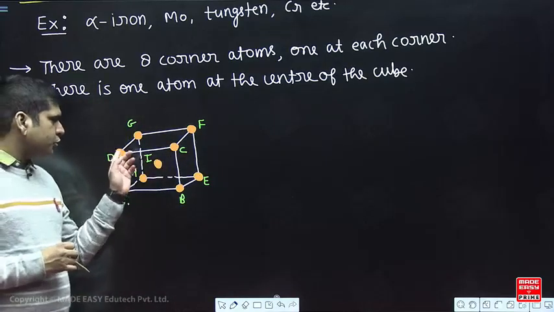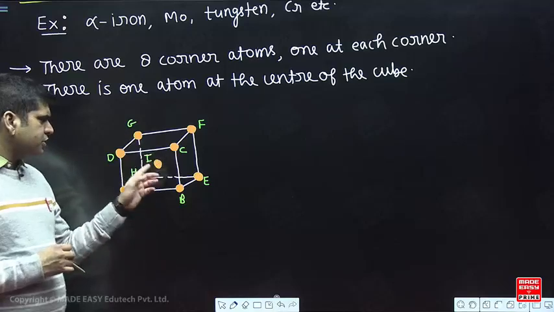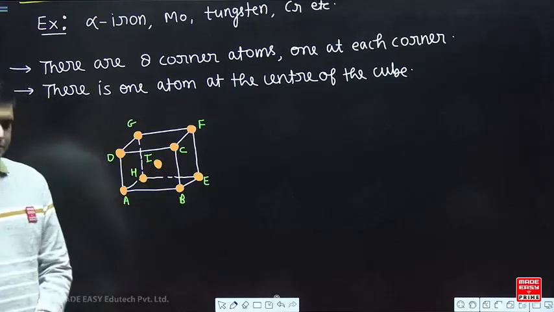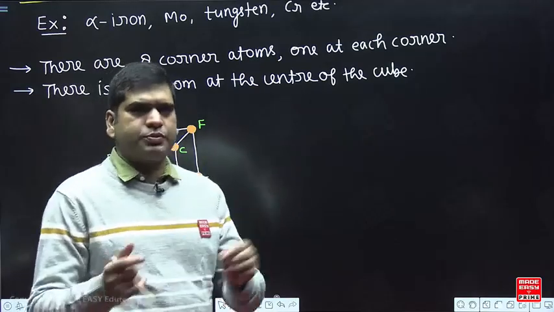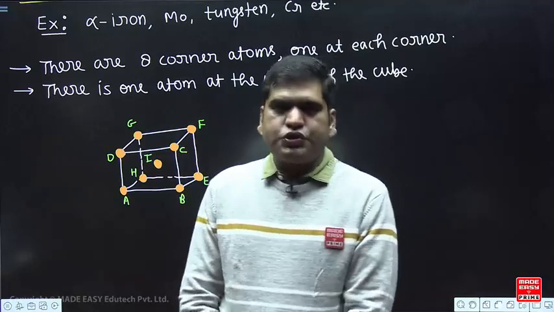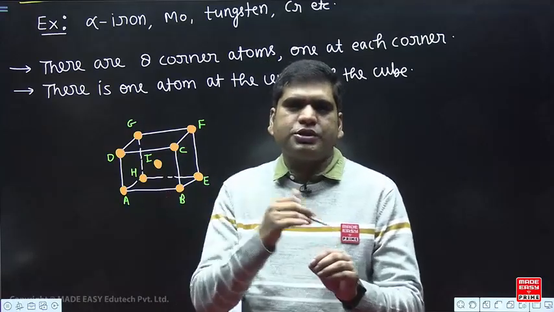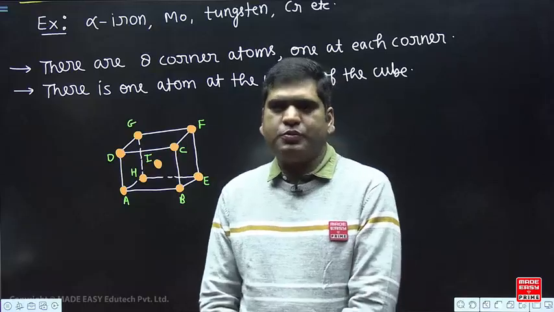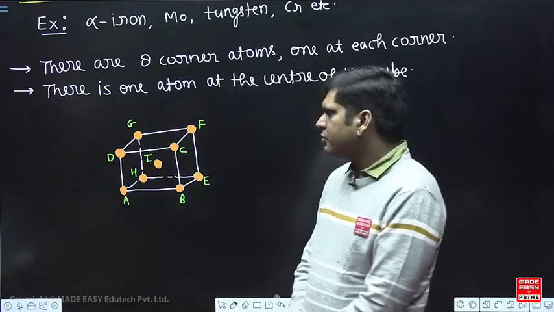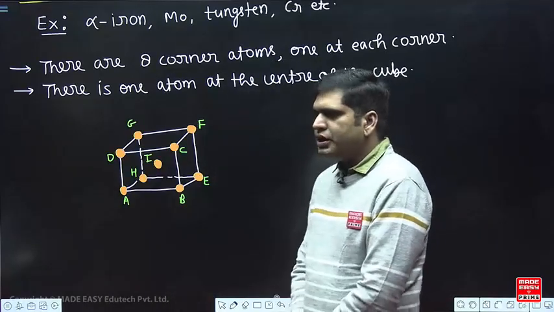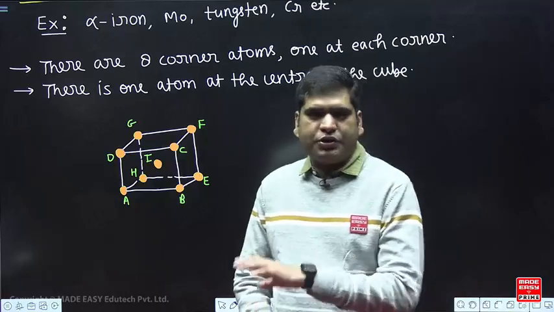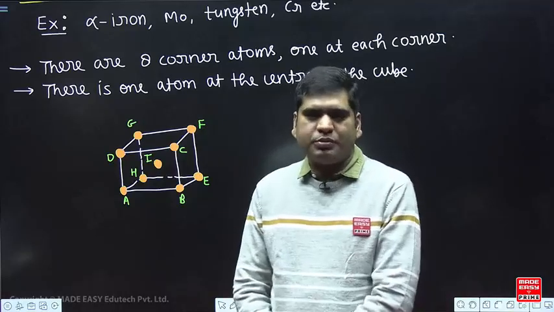The center point should be at equal distance from each corner. Center means obviously the point which is at equal distance from each corner. So if you consider the center atom as the reference atom, then there are 8 neighbors, the 8 corner atoms are the nearest neighbors.